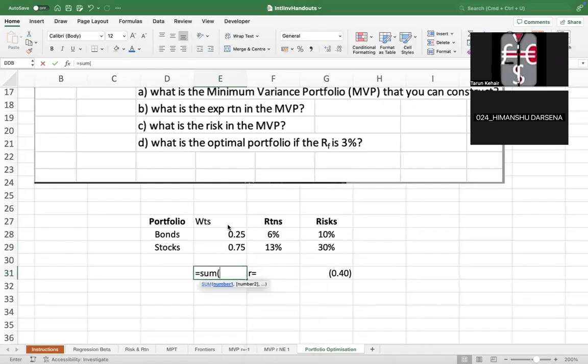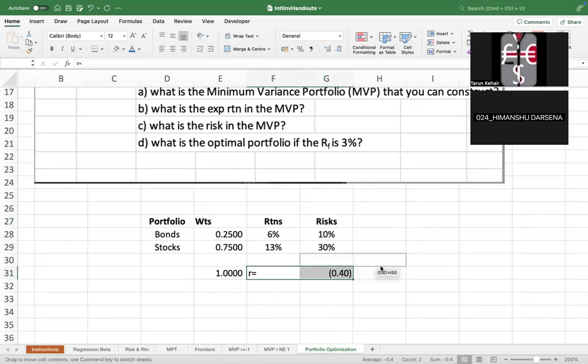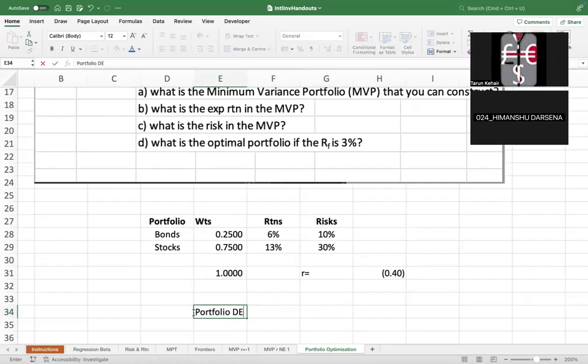The sum of the weight should be always equal to 1. Right? So now the portfolio return would be equal to what? For my base case, it will be the sum product of my weights and the returns, which is 11.25%.